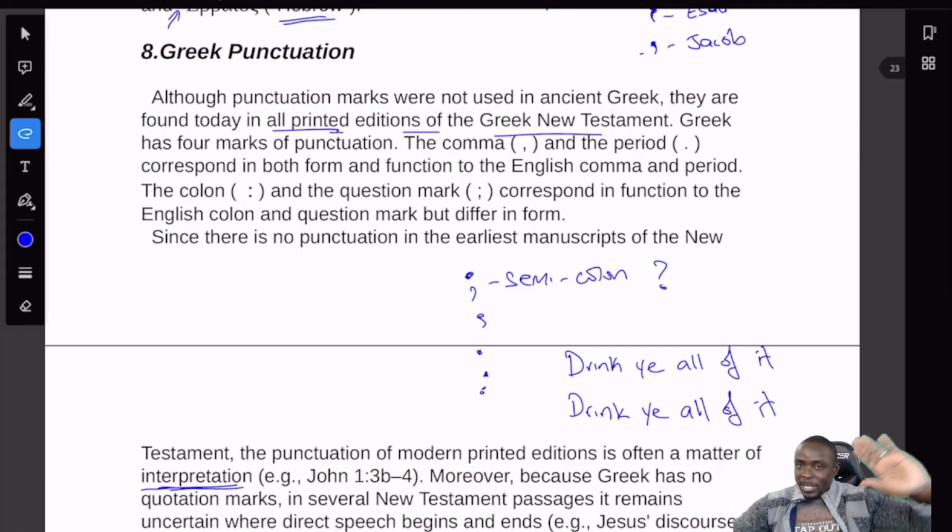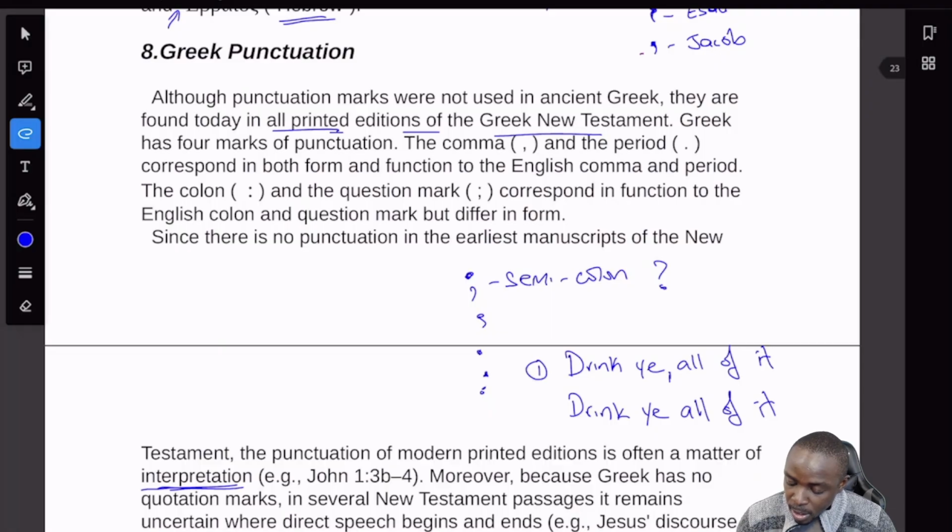And this has to do with the wine at the communion table. So this is option 1. The punctuation goes after ye, or you. Drink you. Now, let me put the punctuation after all on option 2. Drink you all.